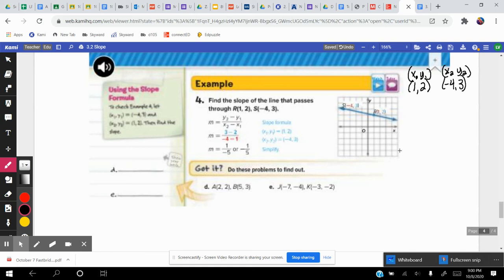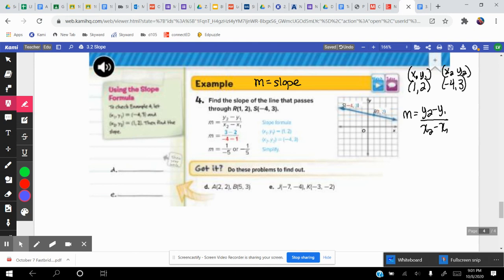Now if I use the slope formula, I have the letter m. M represents the word slope. So if it helps, up here I'll write m equals slope. So every time you see the variable m in these types of problems, that represents your slope. So slope equals y2 minus y1 divided by x2 minus x1. I'm going to use my highlighter to help me see what values go where.